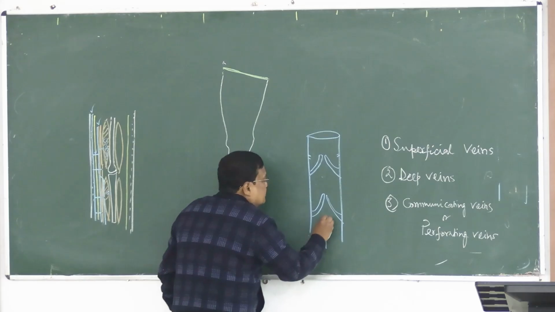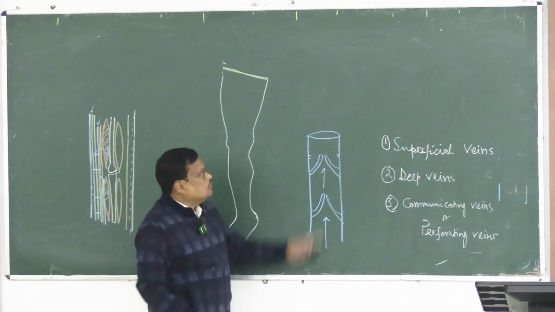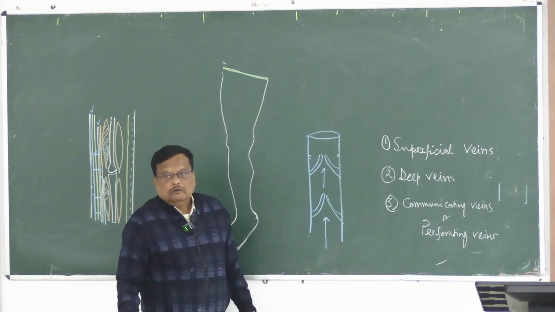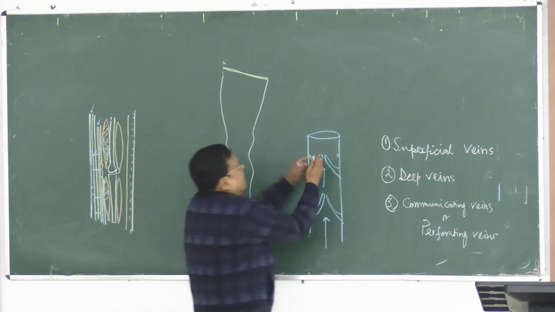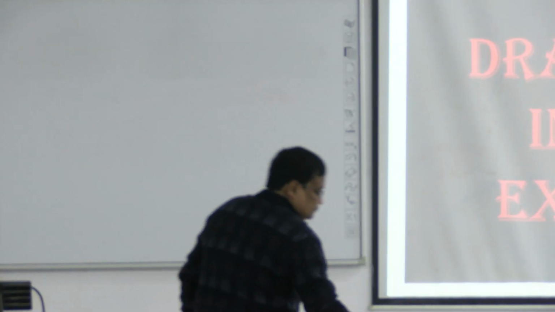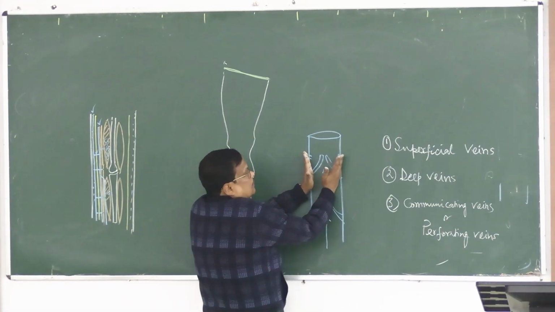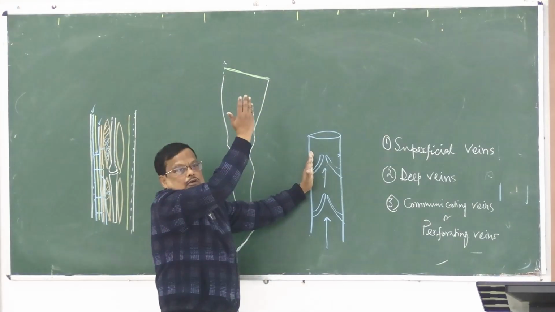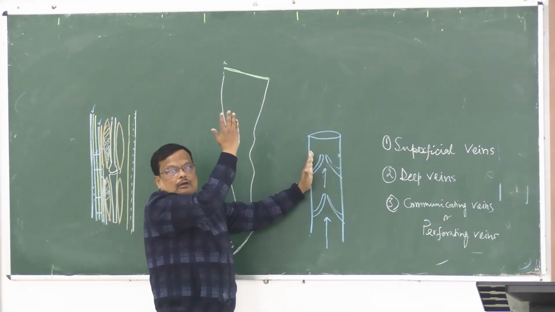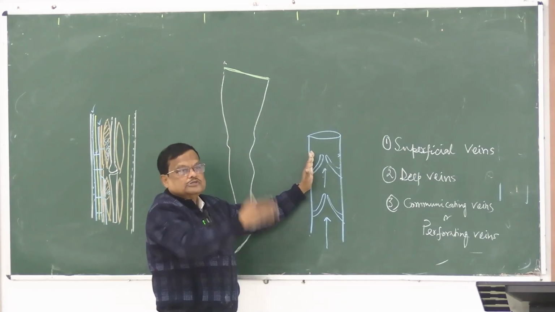When blood flows from distal to proximal, towards the heart, from the foot to the heart, these valves get opened so that blood can flow centripetally.